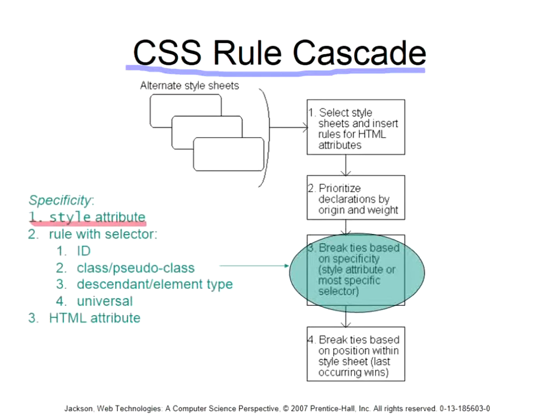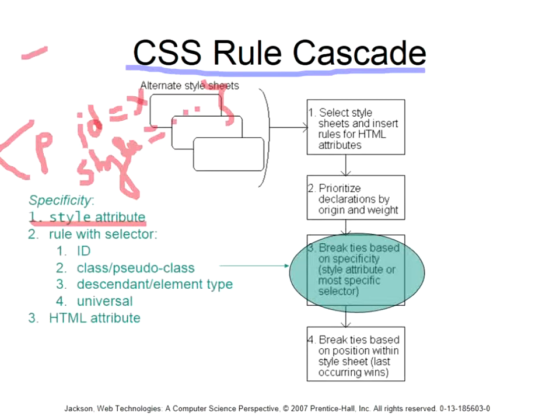That means if we have, for example, P with ID equal X, and here we have a style, and in this style we have a CSS rule, and in the CSS file we have the ID X with another rule.